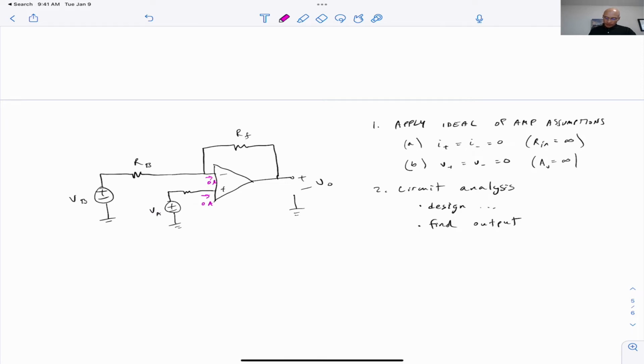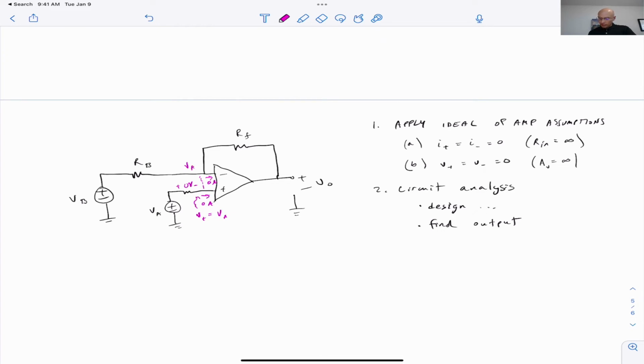Because we know that that's 0 amps, we know that this voltage here, V plus, is equal to VA. How did I know that? Well, that's because it's a 0 volt drop across here, so it has to be the same voltage on either side of the resistor. Because we know that's VA, well, we have a virtual short between these two nodes here. Virtual short, so this also is VA.